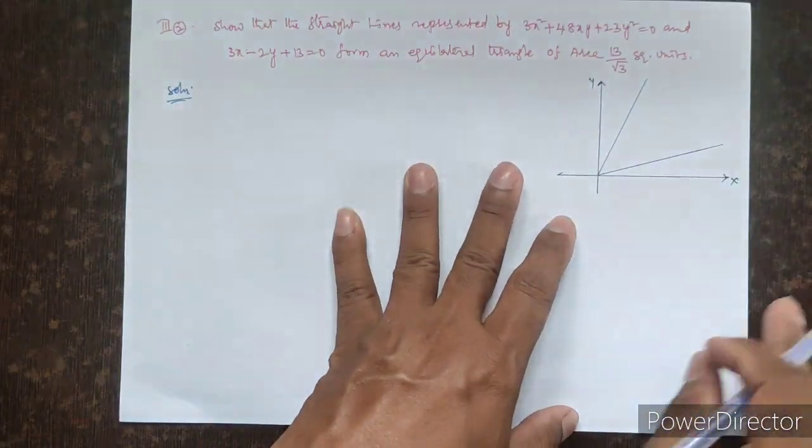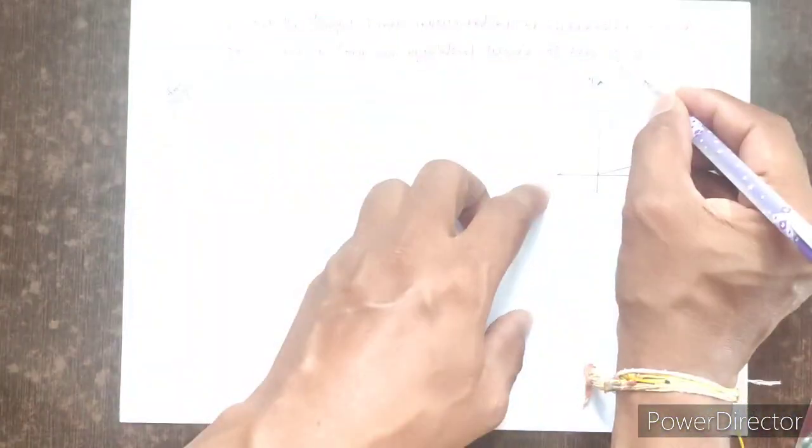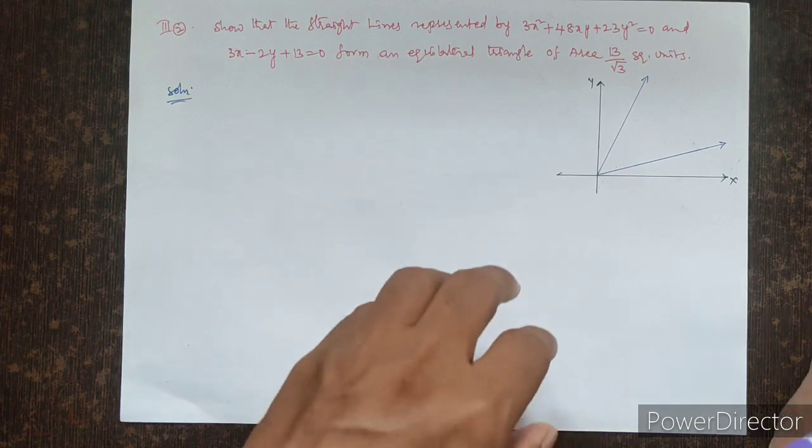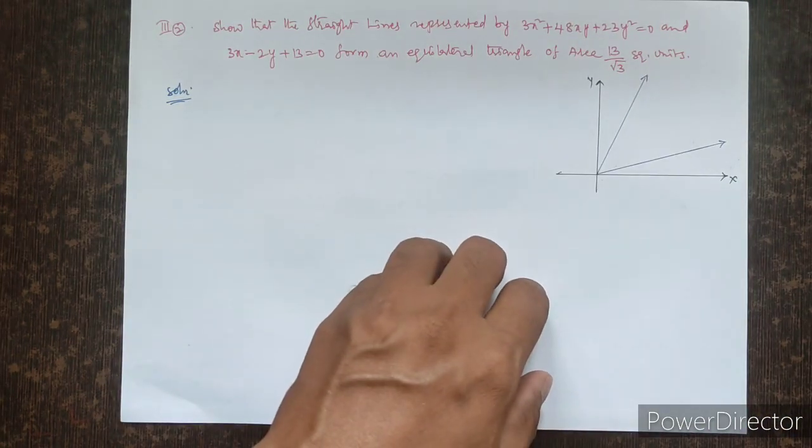These two are a pair of lines represented by the given equation 3x square plus 48xy plus 23y square equal to 0.